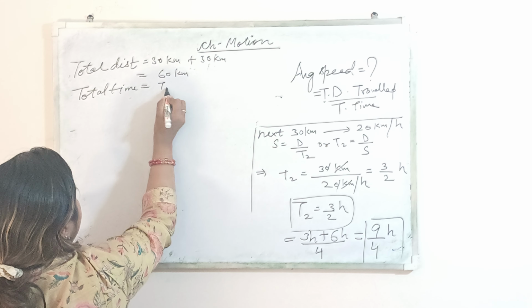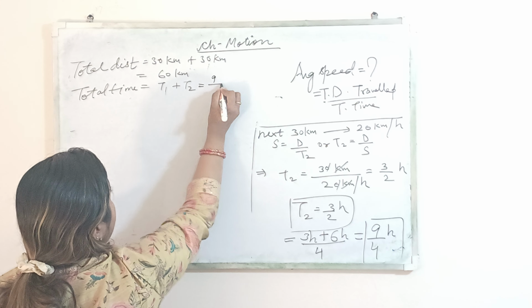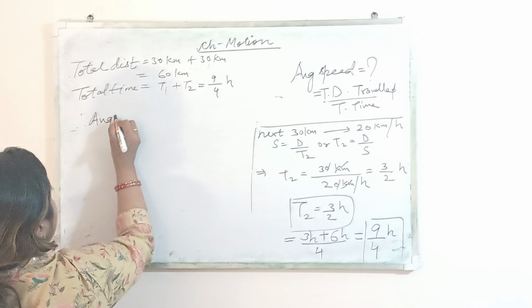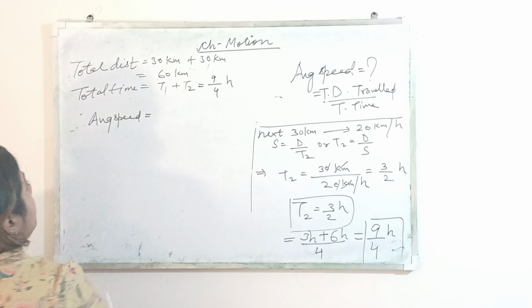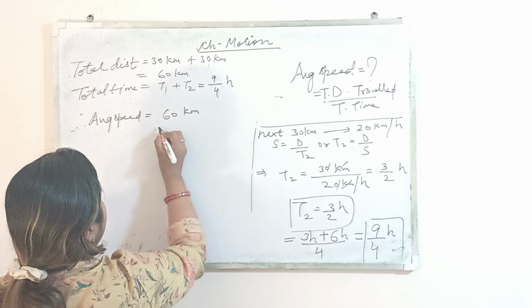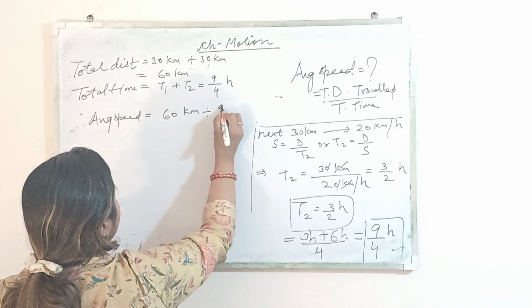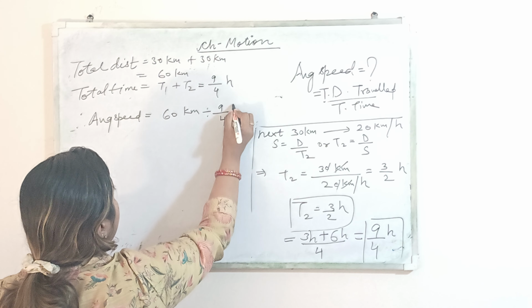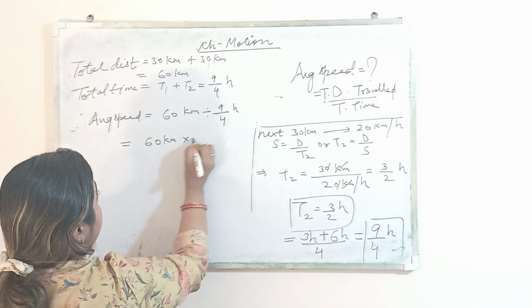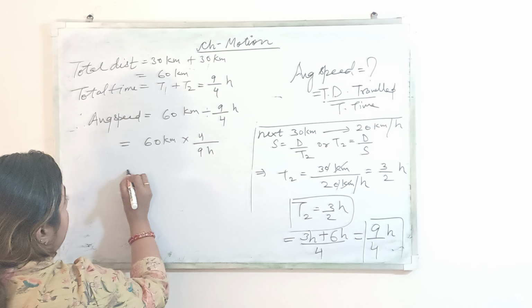Total time T1 plus T2, 9 by 4 hour we have calculated. Therefore, average speed is equal to, now what is the total distance? 60 kilometer divided by total time 9 by 4 hour. So this will become 60 kilometer into 4 upon 9 hour.